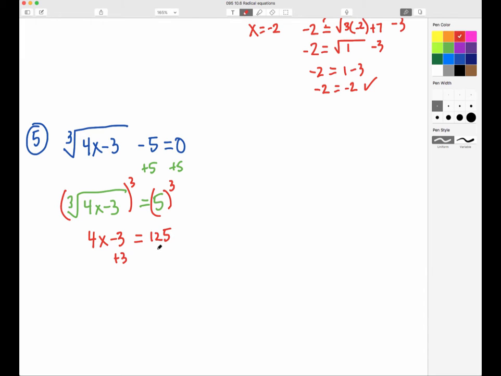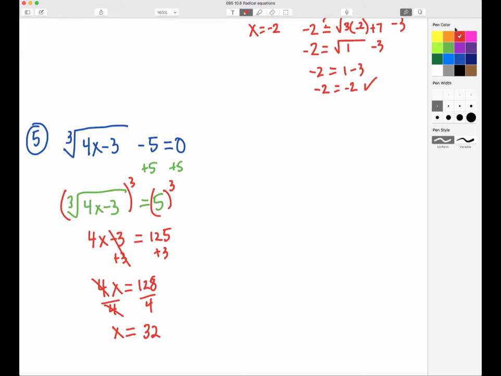So I'll go ahead and add 3 to both sides because I want to solve for x. So that's 4x equals 128. Divide both sides by 4. Again, I'm solving for x. So 128 divided by 4 is going to be 32.